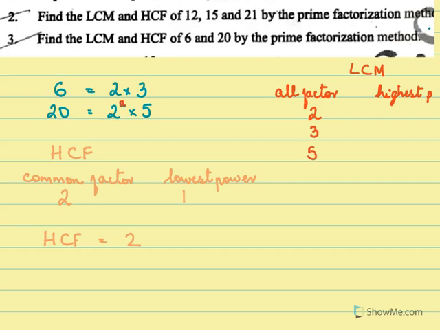The highest power 2, 3, 1 and 5, 1. So the LCM equal to 2 raised to 2 into 3 raised to 1 into 5 raised to 1. That is 4 into 3 into 5. That is 60. LCM will be 60.